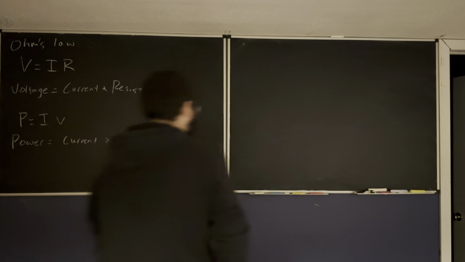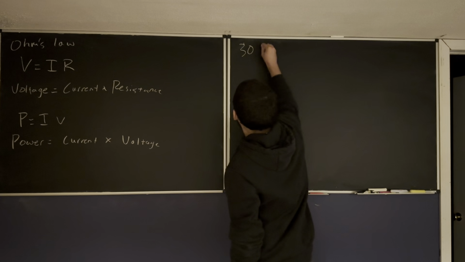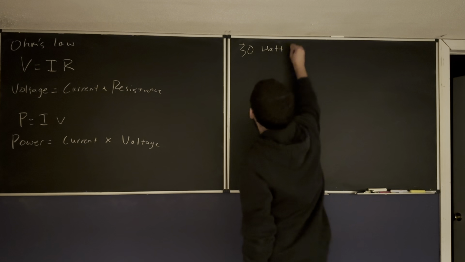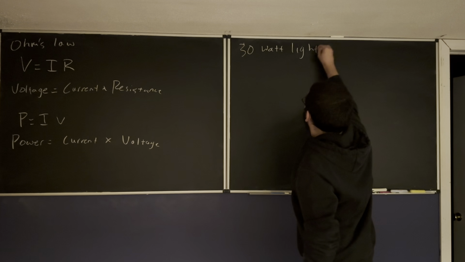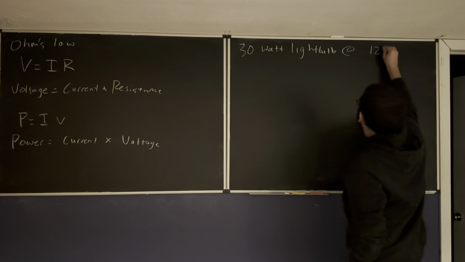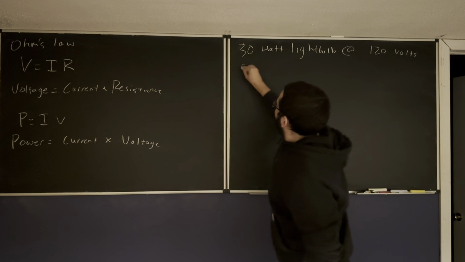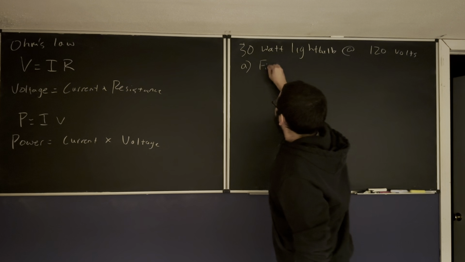Okay, so if you have a 30-watt light bulb at 120 volts, I think the first step was we had to find current.